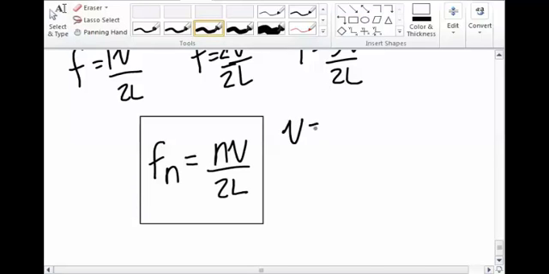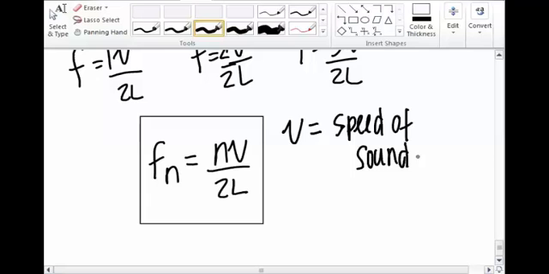If we have sound waves moving through an open pipe, doesn't sound move at a certain speed? The speed of sound, yeah. And that is 343 meters per second.